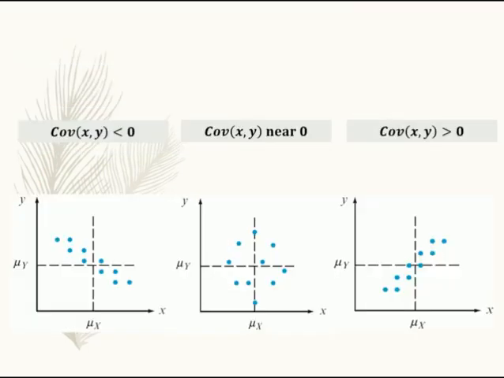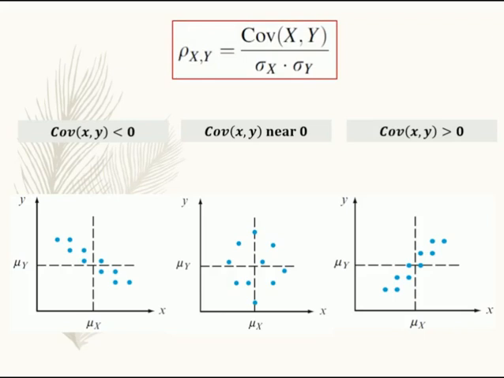Now let's have a look at what this all means in terms of your data graphically. So remember in the previous case, we looked at what it means if your covariance is less than 0, or greater than 0, and we associated it with these three different scenarios. What if we take the correlation coefficient now? How is this going to affect the correlation coefficient? So immediately, you know the formula is just a scaled version of the covariance.